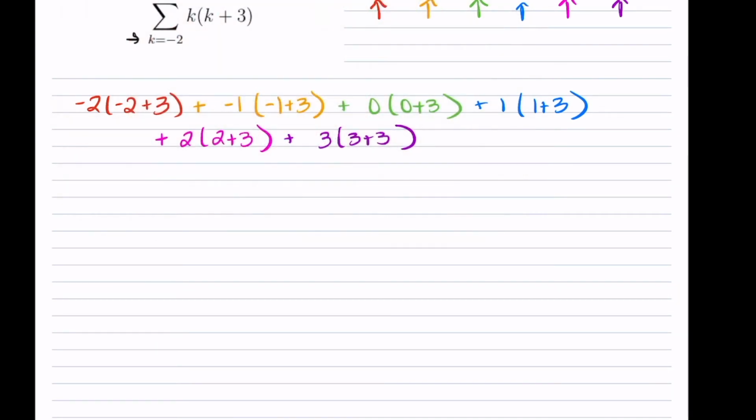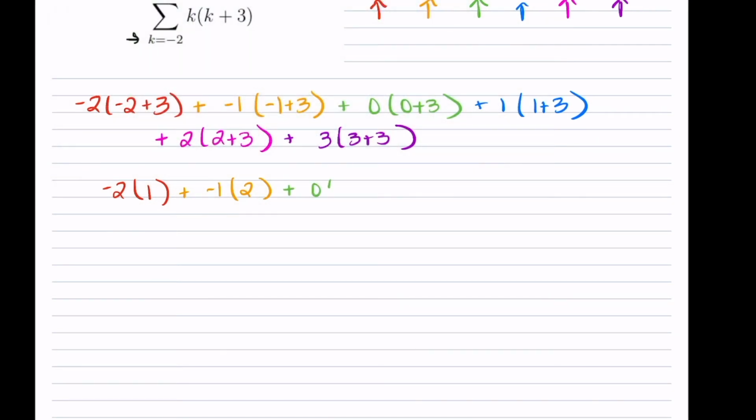I'm going to keep it in terms of colors, so we do this one step at a time, which will reduce errors. -2 times -2 plus 3 is 1. We got -1 times -1 plus 3 is 2.